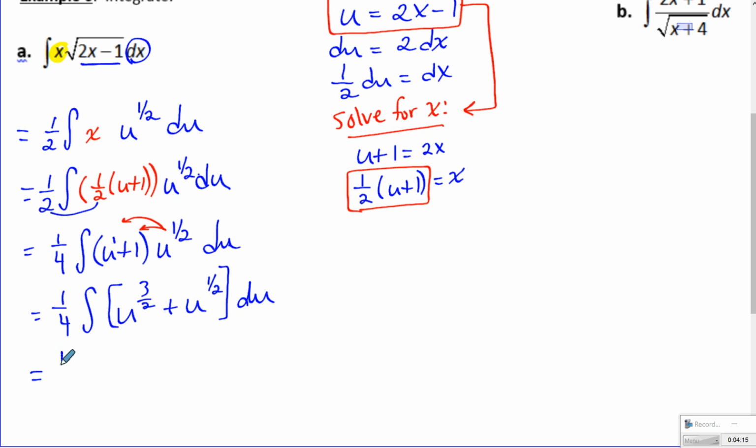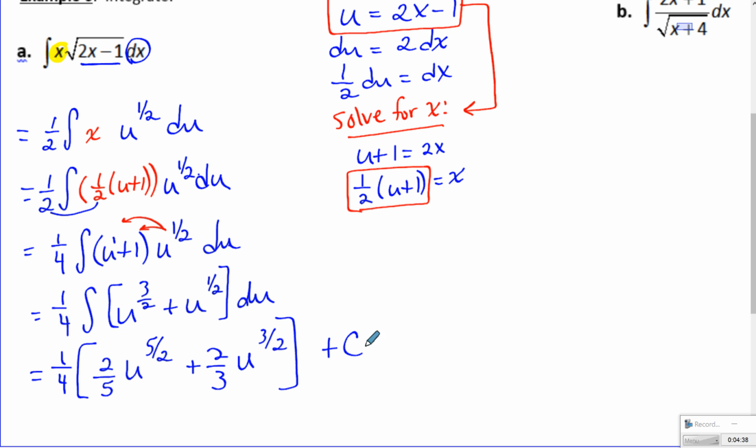Now I'm ready to integrate, so I get 1/4. u to the 3/2, that's going to be a u to the 5/2, so multiply by 2/5, plus u to the 1/2 plus 1 gives us 3/2, so multiply by 2/3. Add a c, since we have an indefinite integral.